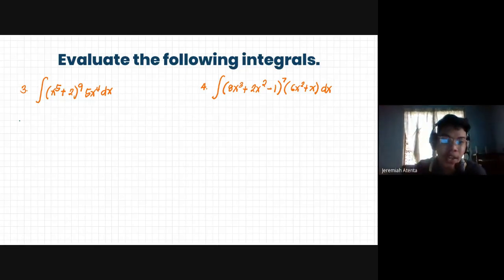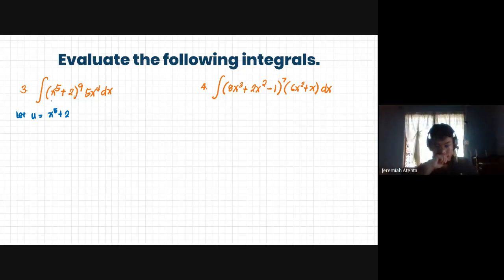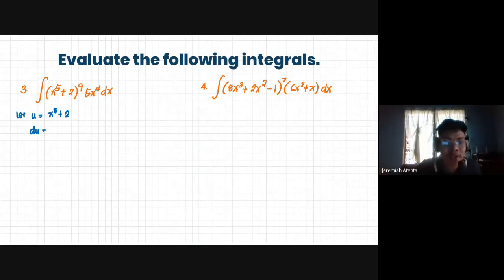So first, we will let u be equal to x to the power of 5 plus 2 there. Then, again, what is the derivative of u? We will have du. Okay, du na lang ha. Then what is the derivative of x to the power of 5 plus 2?